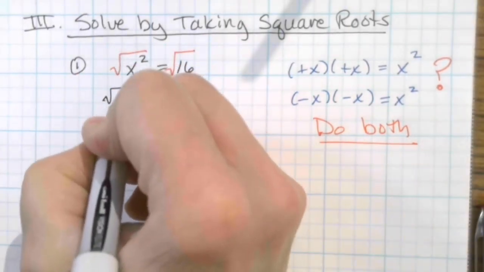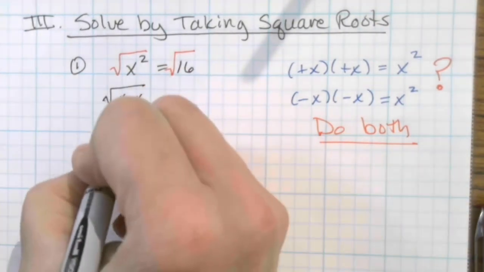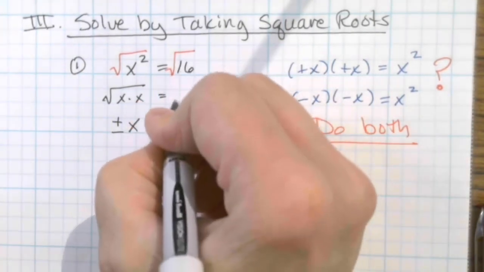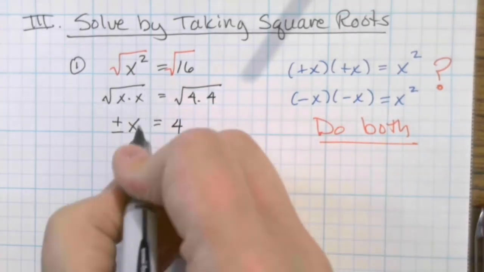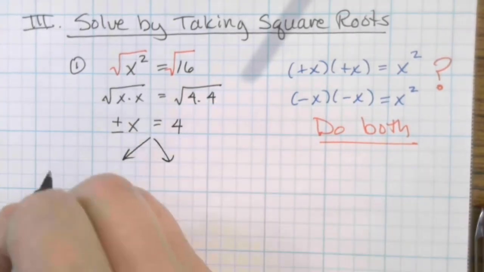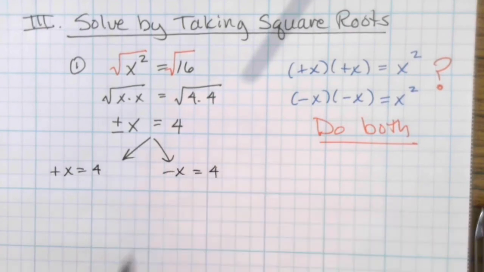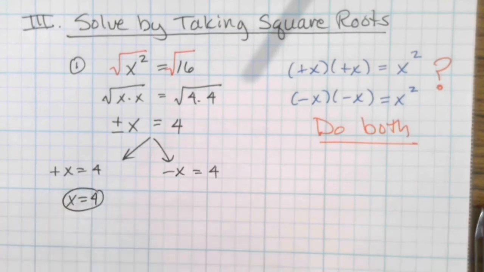So here we have two x's, one comes out. It could be positive, it could be negative, we don't know which. Now 16 is 4 times 4, two 4s, one comes out. So this is where we split. You can have a positive x equals 4 and a negative x equals 4. Obviously for x equals 4, that's your answer.